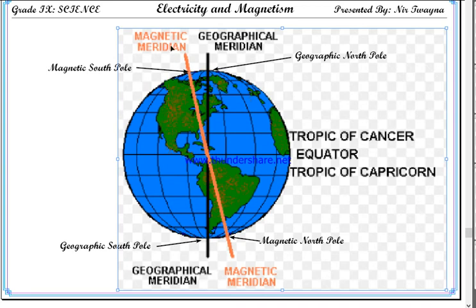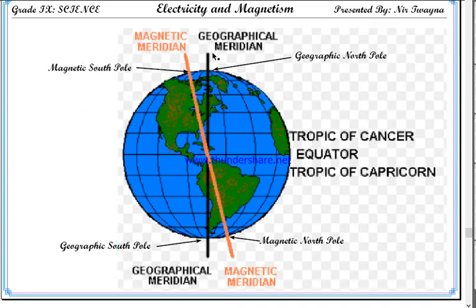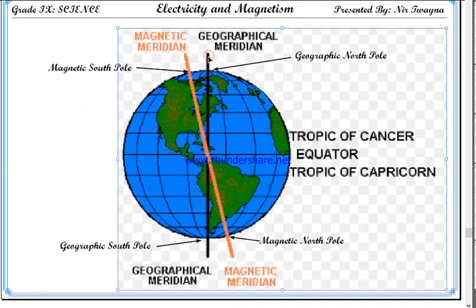Okay, and the imaginary line that joins the poles of the earth is called meridian.